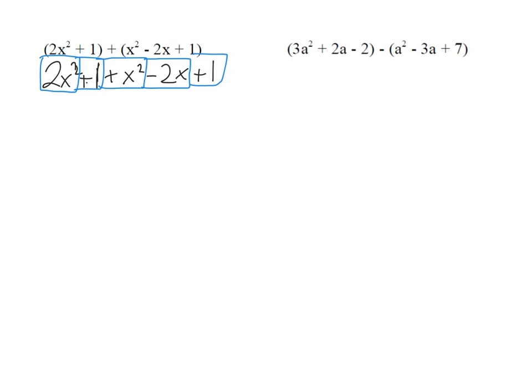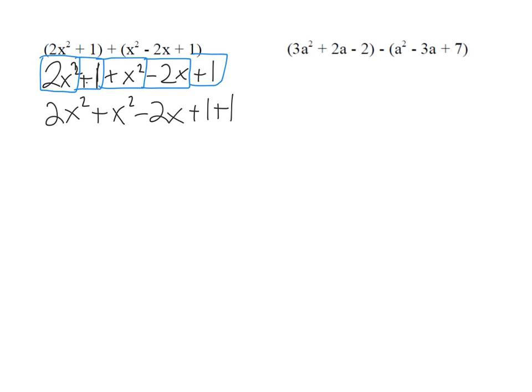Now I want to reorganize my terms with the terms with the highest exponent first, so that I would then get 2x squared plus x squared minus 2x plus 1 plus 1.